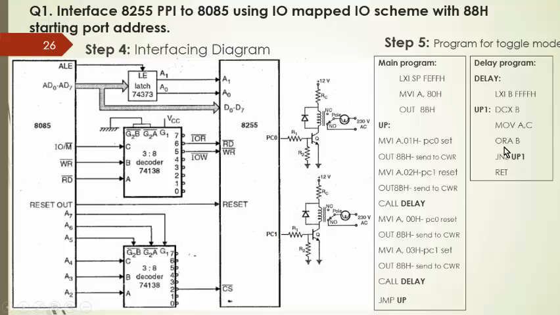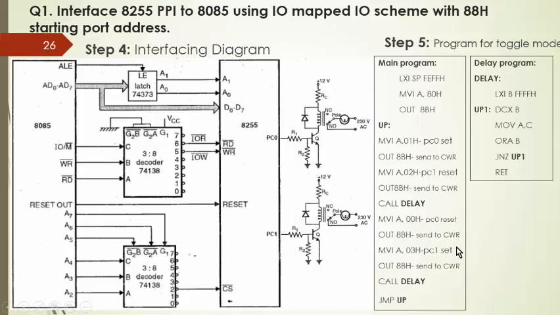Take the C register content in the accumulator, OR it with B, then check the zero flag. If it is 0, then come out of the loop. If it is not 0, the loop gets executed once again. So the execution will come out of the loop after the count value becomes 0. This return will tell it to go back to the main program.